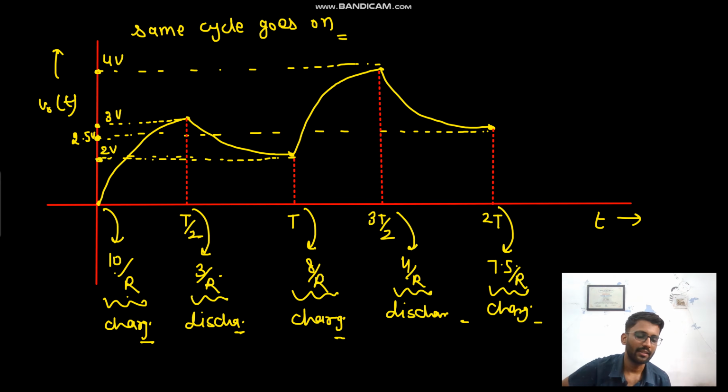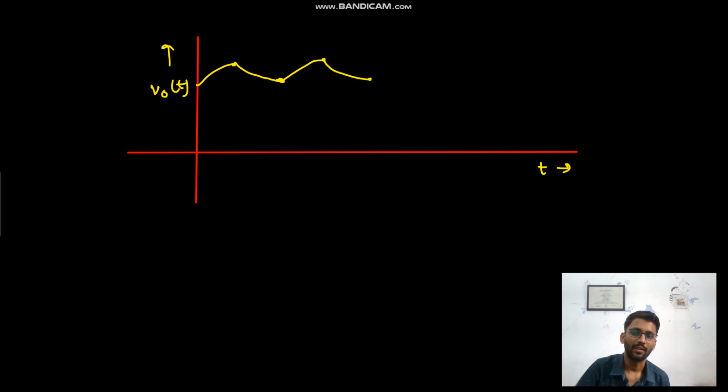Then 8 by R it reduces. But we are talking about edge only, so this ripple will also be there, but the average value will be 5 volt. Okay, so the ripple will be there, but this average value will be 5 volt.